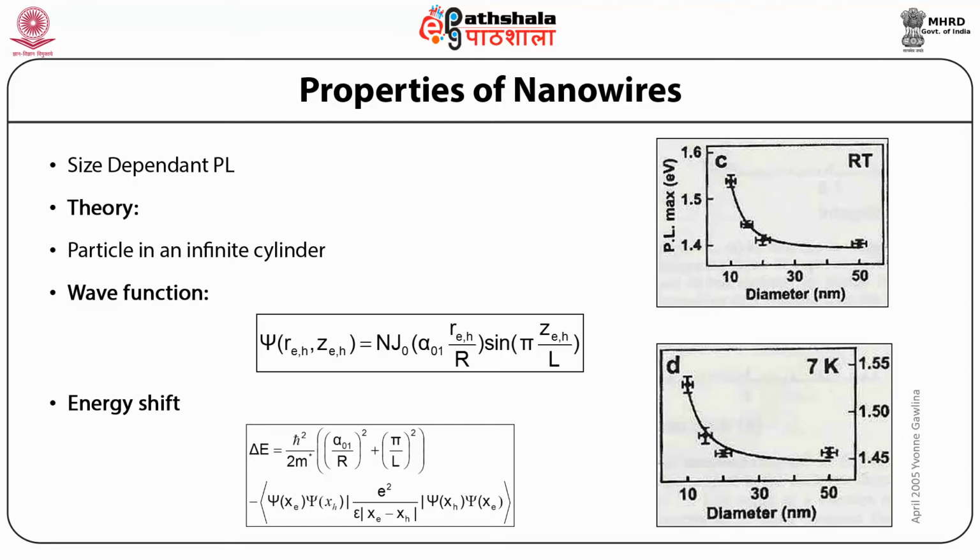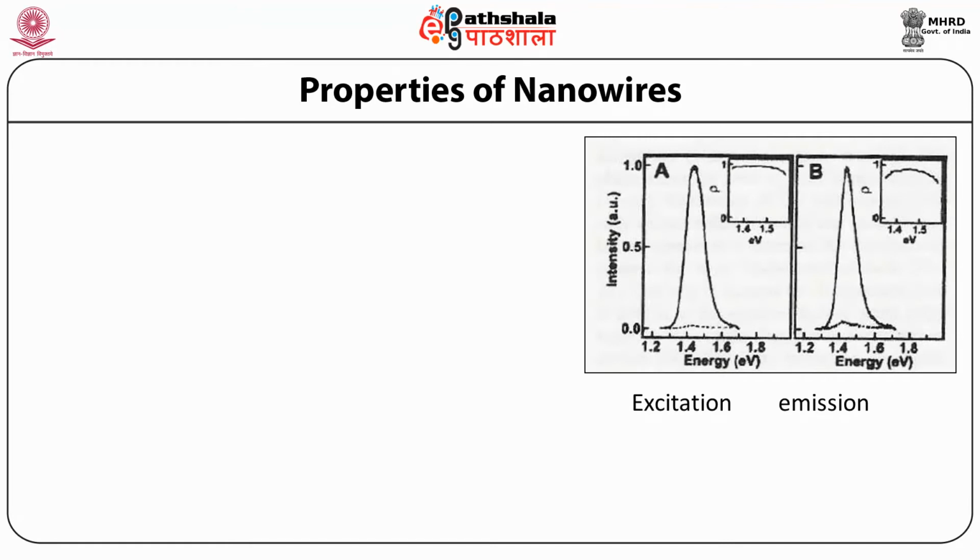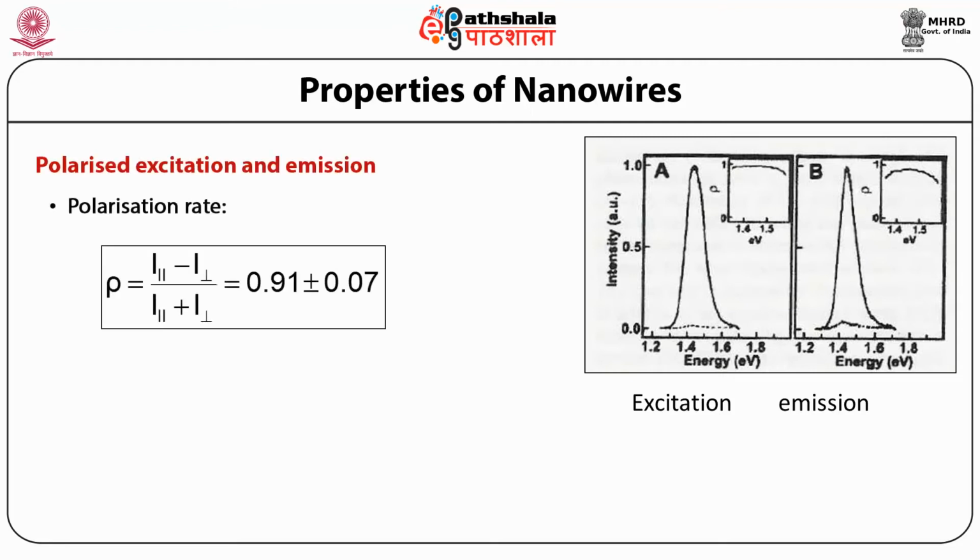So these two are the figures showing the variation of the maximum PL intensity, or the peak in the PL spectra, with the diameter and also with temperature. Continuing our discussion on the properties of nanowires, we have the polarized excitation and emission.